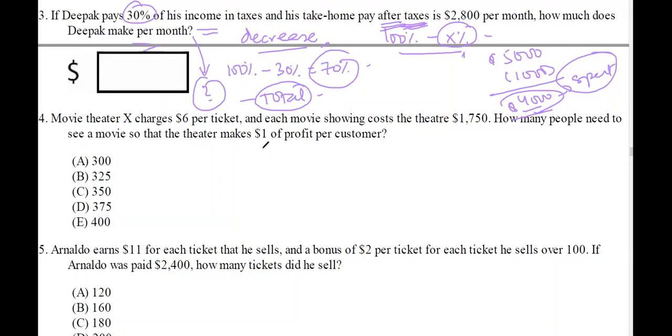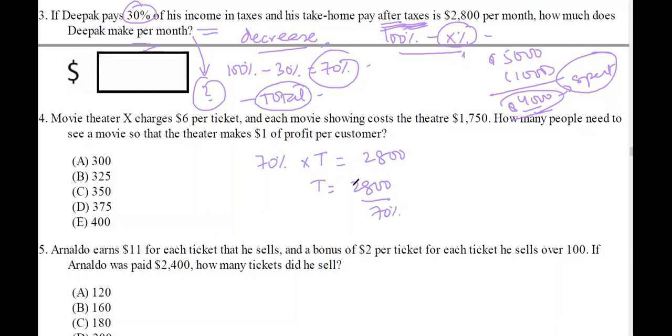So I say, okay, 70% of the total is equivalent to 2800. So total is equal to 2800 upon 70%.